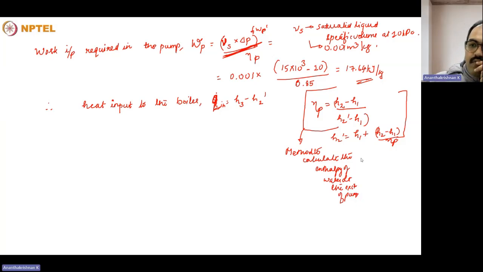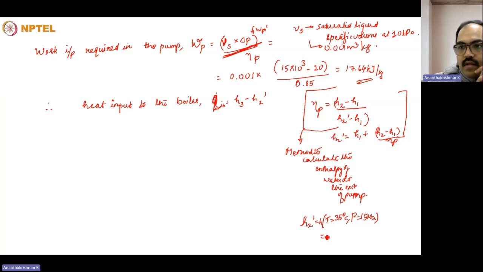This is one way, but the other way is that we can actually use the state points given in the problem. In the problem, it is mentioned that state point 2 is at a temperature of 35 degrees Celsius and pressure 15 megapascal, straight away given.